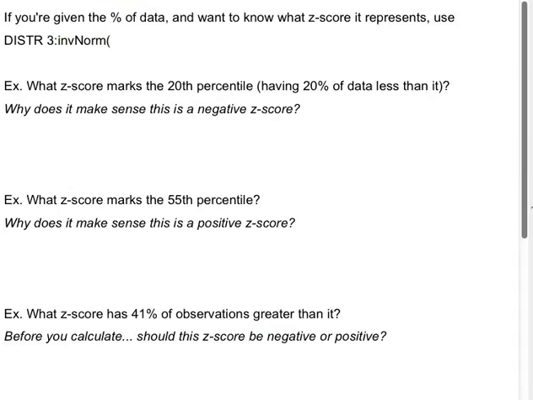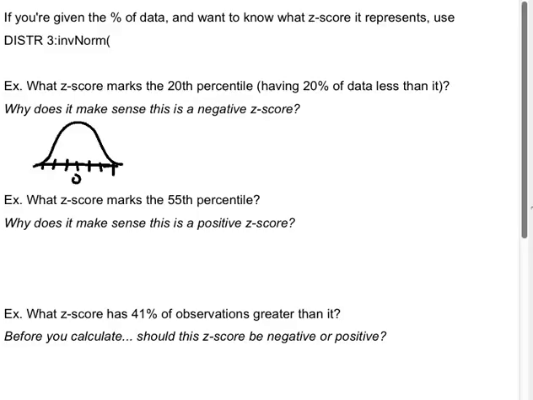However, it does go a little bit deeper. Let's say I'm given the percent of data, okay? And I want to know what z-score creates that amount of area, okay? So for example, let's look at this. Standard normal curve, 1, 2, 3, 1, 2, 3.